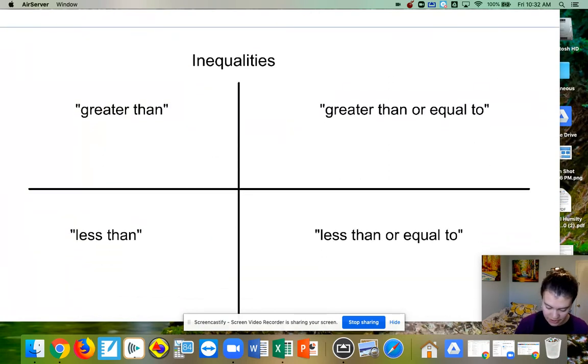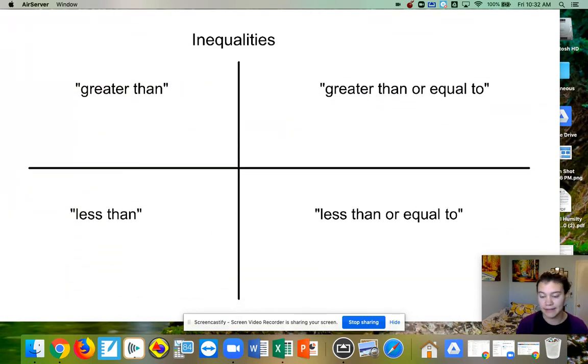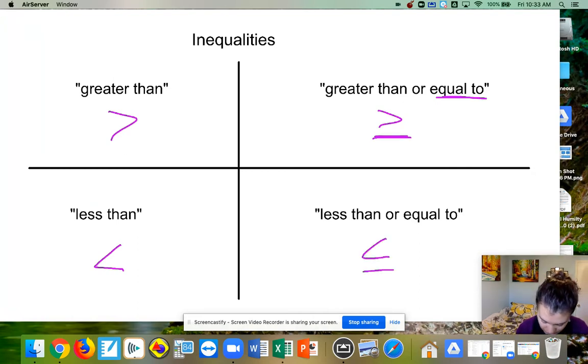So inequalities use these phrases: greater than, less than, greater than or equal to, and less than or equal to. The greater than symbol is this, the less than symbol is this, and the equal to is the same symbol, you just add a little line underneath to represent equal. How I remember these is the bigger side of your inequality has to be against the bigger side of your number.